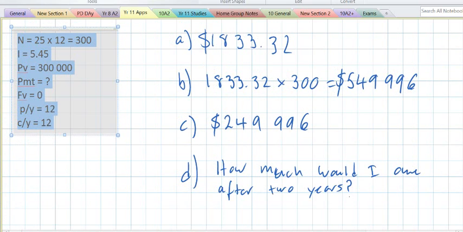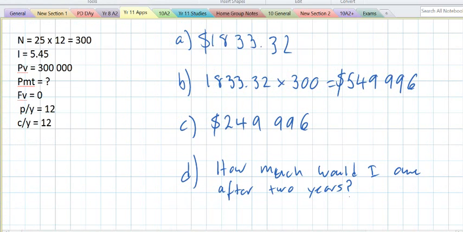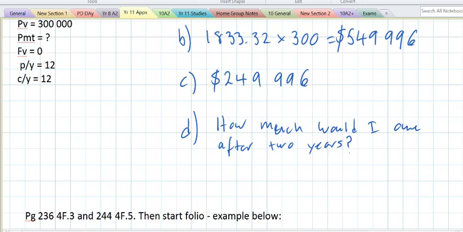Now for this we need to go back to our calculator, but the working is the same as before.